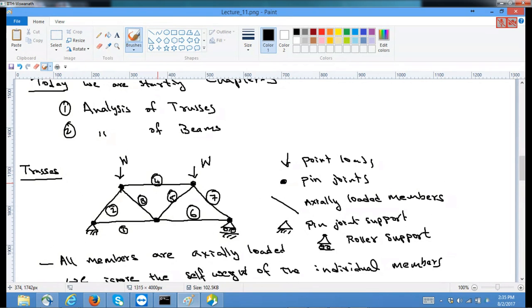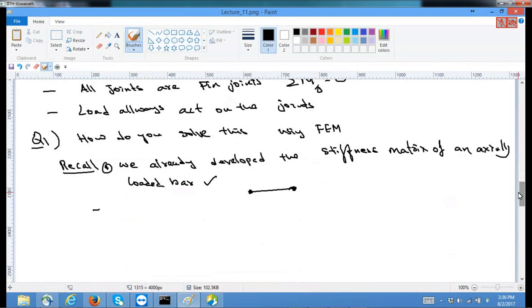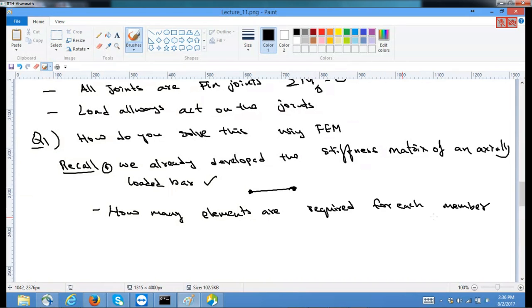Is it 20? Is it 1? That has to be discussed. So how many elements are required for each member?